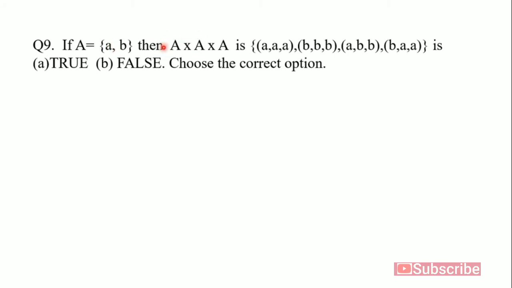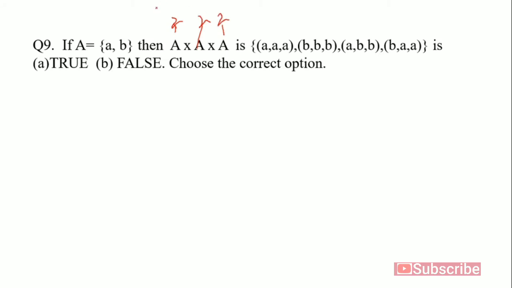And then A cross A cross A means A cross A will contain 4 elements and A will contain 2 elements, isn't it? Have you understood this? Here 2 elements, here again 2 elements. Now this is also 2 elements.